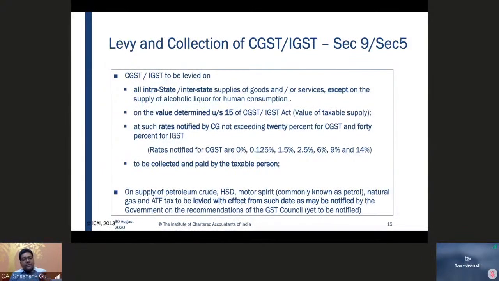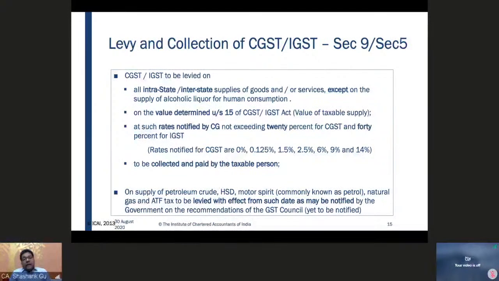Similarly, 1.5% under CGST, 1.5% under SGST, and effective 3% under IGST; 2.5% under CGST, 2.5% under SGST, effective 5% under IGST; 6% under CGST, 6% under SGST, effective 12% under IGST; 9% under CGST, 9% under SGST, effective 18% under IGST; and 14% under CGST, 14% under SGST, effective 28% under IGST.